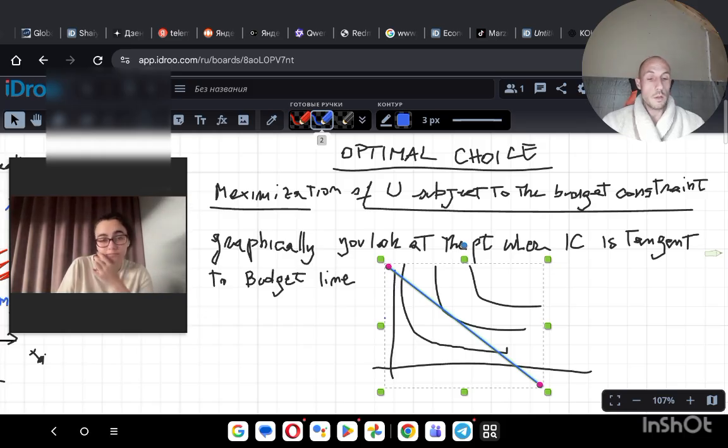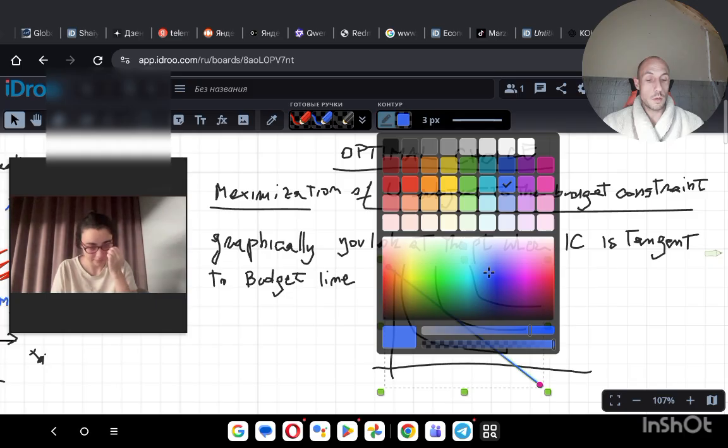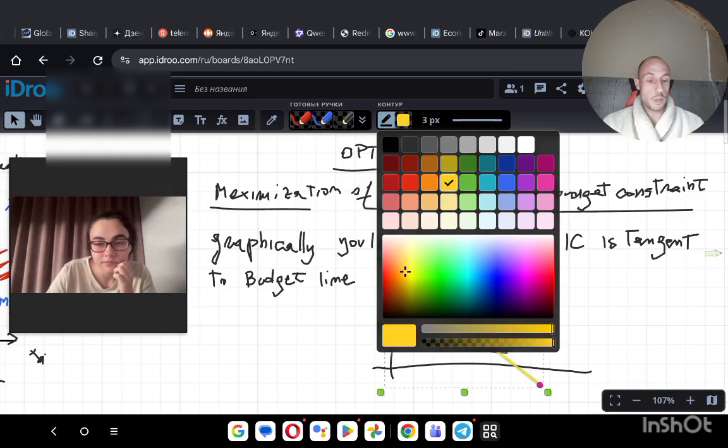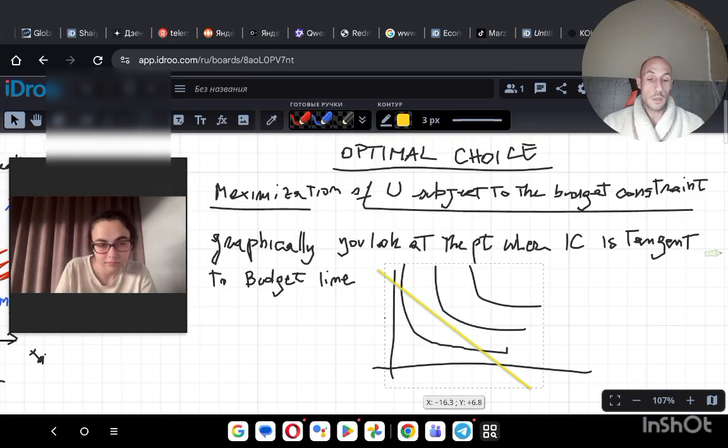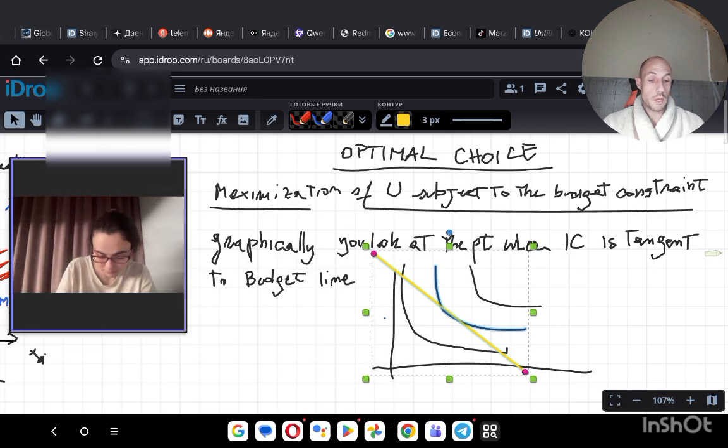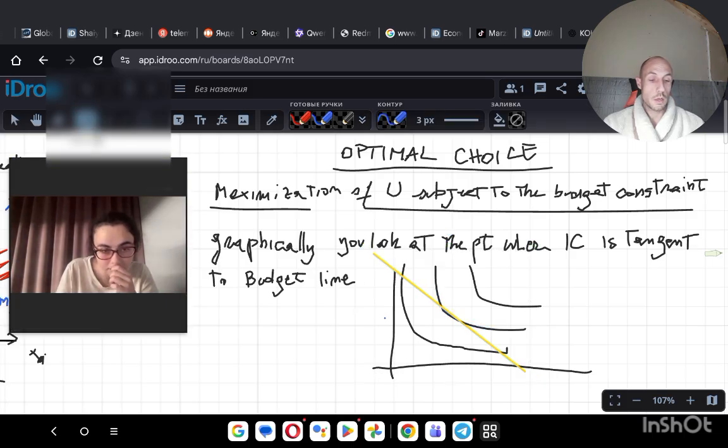So, the optimal choice is this point here. Why? Because of the whole indifference curve, you can't afford this combination.